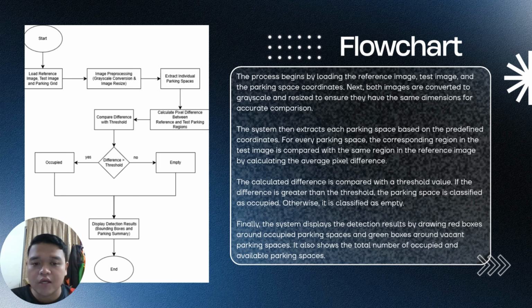Otherwise, it is classified as empty. Finally, the system displays the detection results by drawing red boxes around occupied parking spaces and green boxes around vacant parking spaces. It also shows the total number of occupied and available parking spaces.